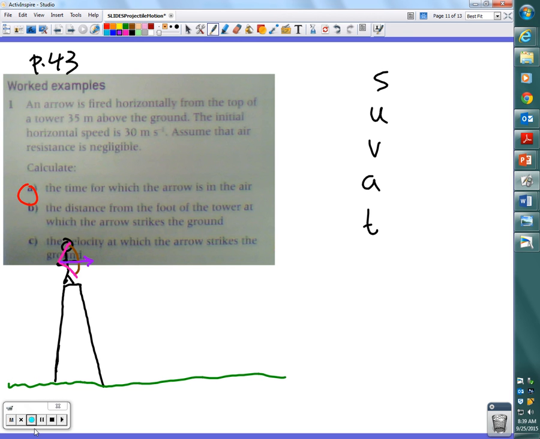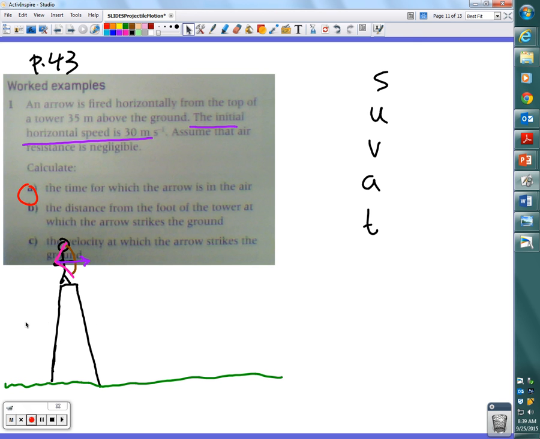Okay, so it says that this arrow is going to be fired. The initial horizontal speed is 30 meters per second. Cindy's going to fire the arrow horizontally. But as soon as it leaves the bow, what starts acting on it? Gravity. So even though the arrow is fired horizontally, will it follow a horizontal path?